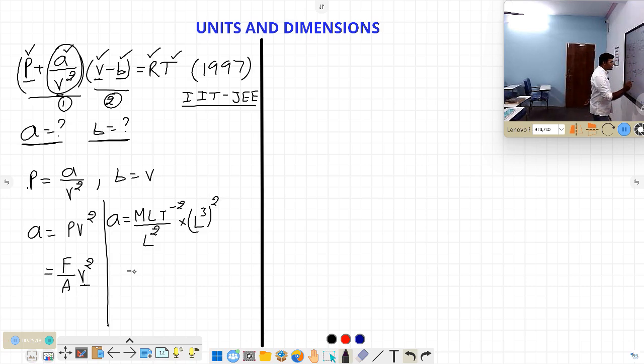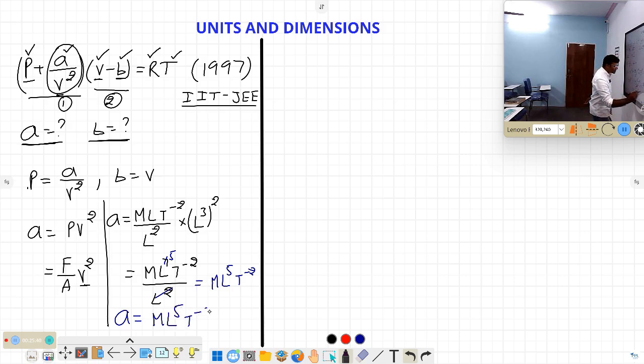So I can write this as M L T minus 2 over L power 2 into L power 6, which means L power 6 by L square and the L value I can cancel, leaving L power 5. Remaining is M L power 5 T minus 2. So the dimension formula for the constant A is M L^5 T^-2.